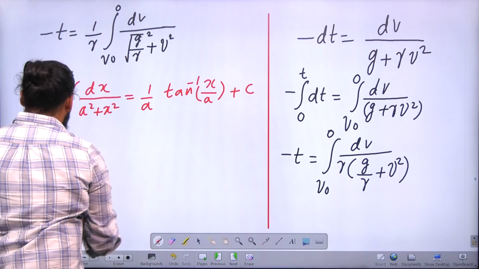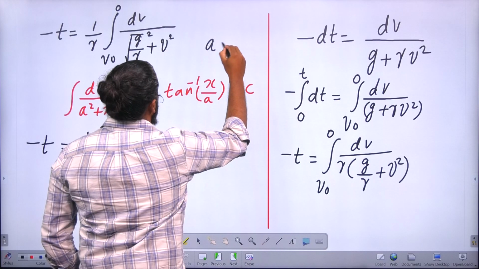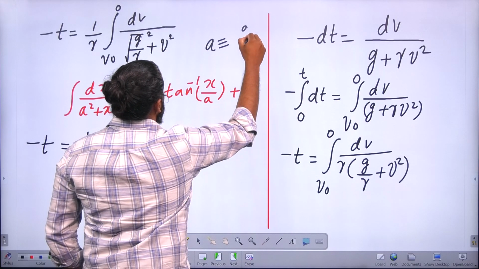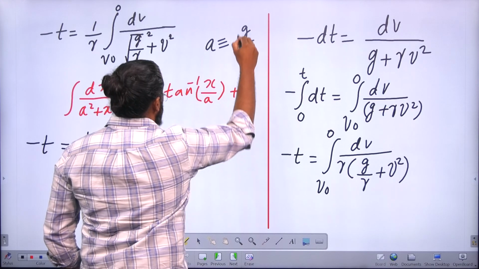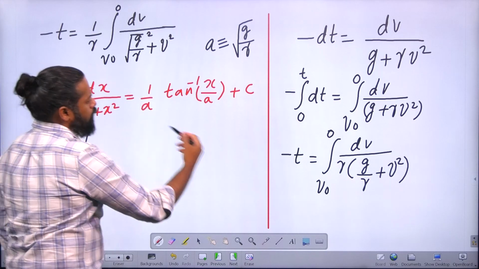So let us substitute that. Minus t is equal to 1 by gamma, and when you apply the integral you get 1 by a. What is a here? A square is equal to g by gamma, so a is the root of g by gamma.